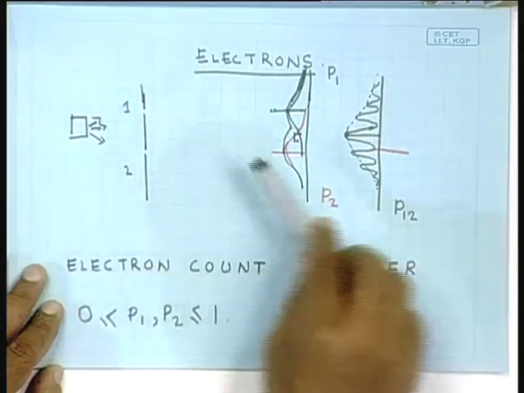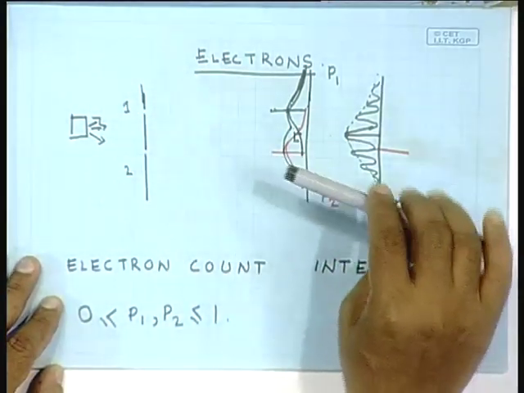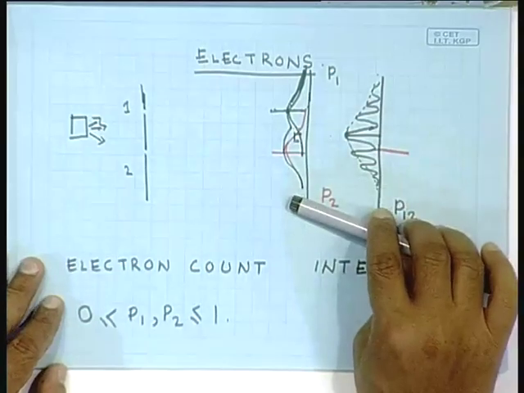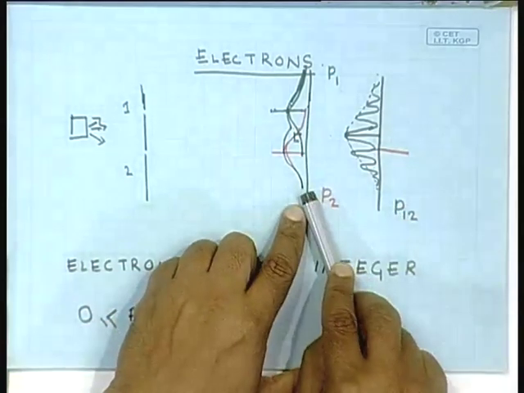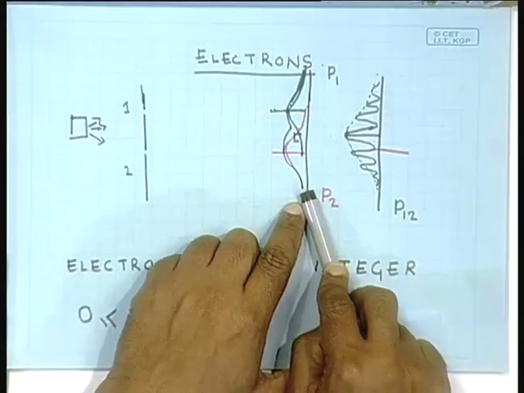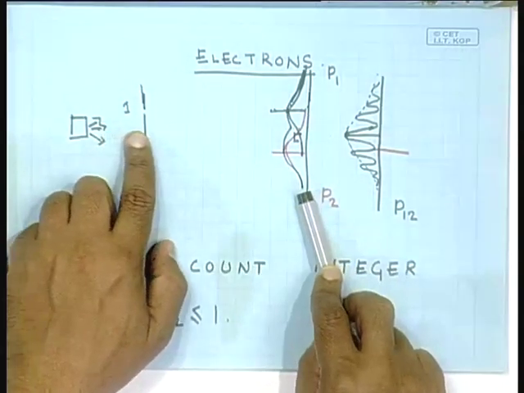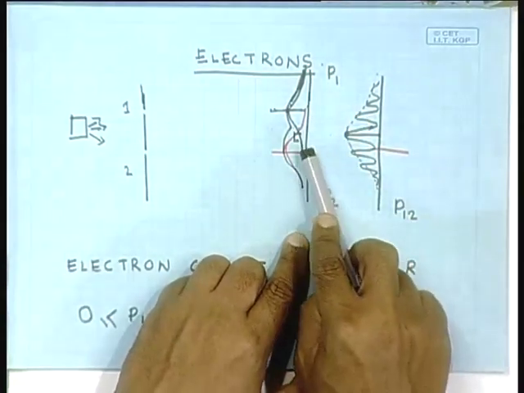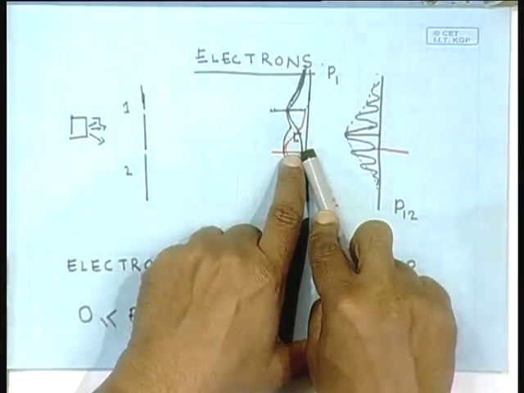So, if you wish to calculate the value of psi on any point on this screen, so we want to calculate the value of this wave associated with the electron on any point on this screen. So, let us choose a point on the screen. We want to calculate psi here.